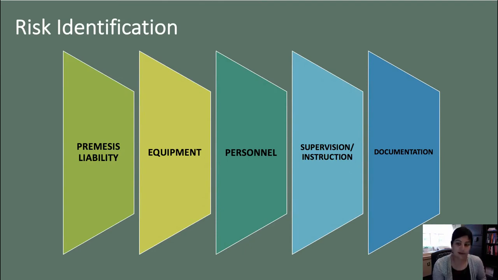Okay, the second one having to do with personnel relates more to the actual supervision and instruction that's provided by your staff. And often this is going to fall in that lower category of employees, right? These entry-level folks that are your front line, right? These are the people working with clients, members, patrons on a regular basis.